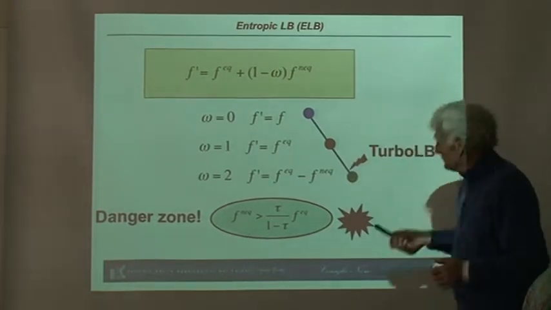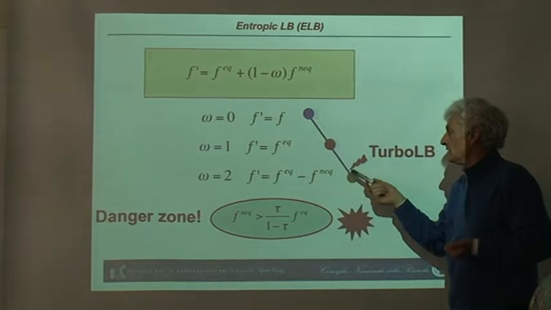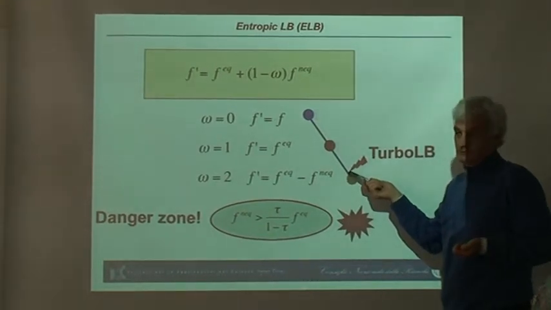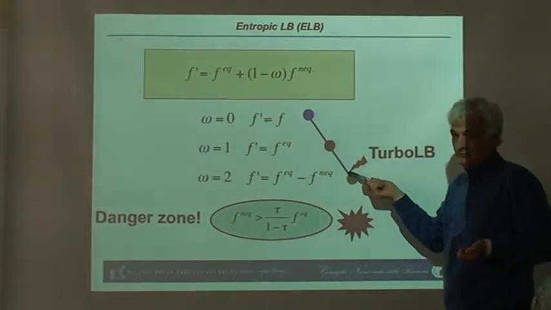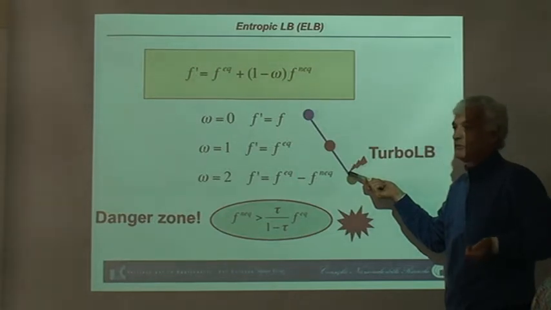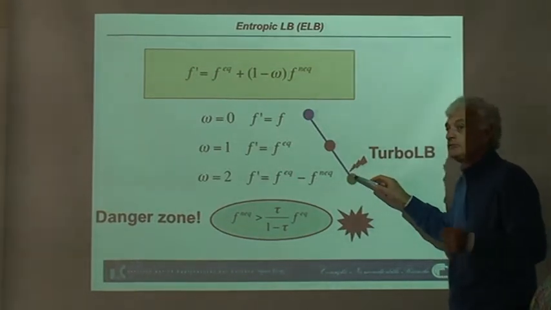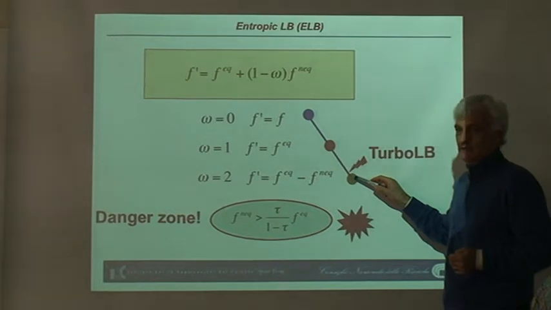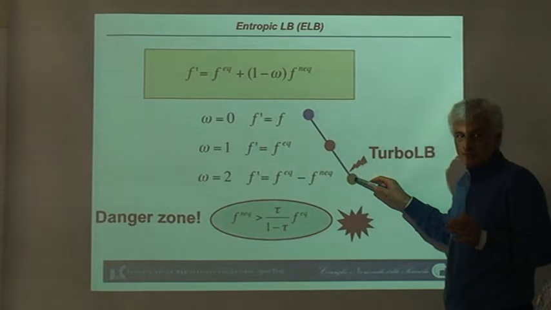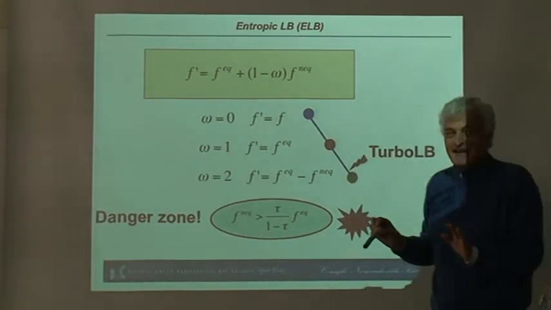And let me anticipate that if you want to run high Reynolds number, you have to be pretty close. You want to know how close? 10 to minus 3, 10 to minus 4. So you have to be 2 minus 10 to minus 4 if you want Reynolds order 10 to the 4. So Lattice Boltzmann for high Reynolds is constantly walking on the edge.